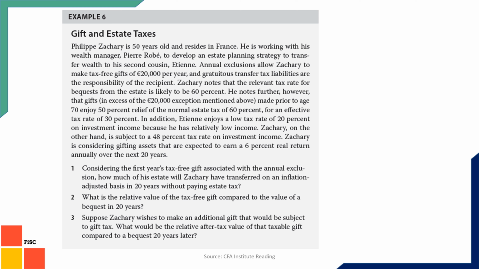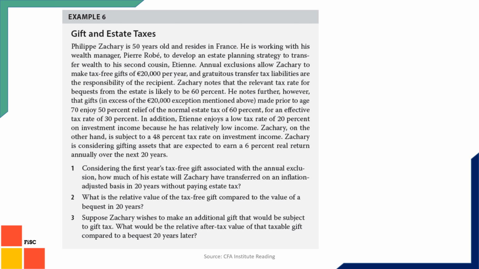And the third case is what if he wants to give some more gift, meaning over 20,000, and since it is crossing the limit, that will be taxable. So that is what we have to understand. Tax on gift and tax on estate is also very important. Tax on estate is 60%, tax on gift is 48%, because Zachary is giving it.